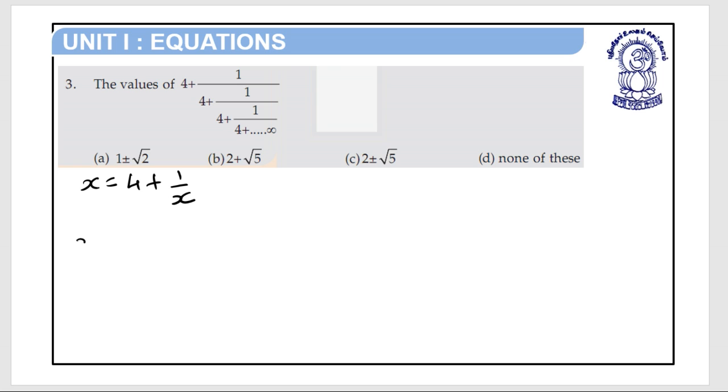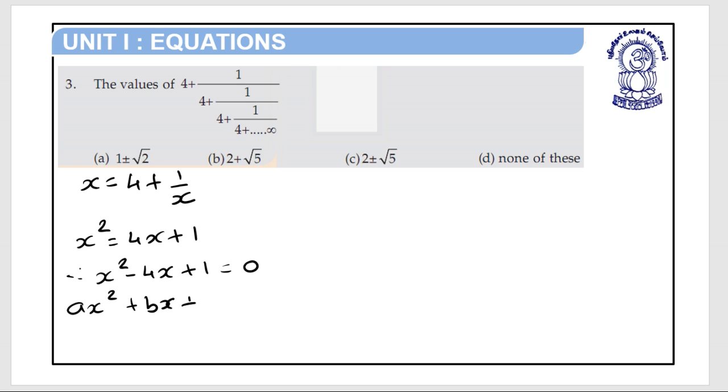So multiply by x: x square is equal to 4x plus 1. So x square minus 4x minus 1 is equal to 0. Compared with ax square plus bx plus c is equal to 0, a is equal to 1, b is equal to minus 4, c is equal to minus 1.